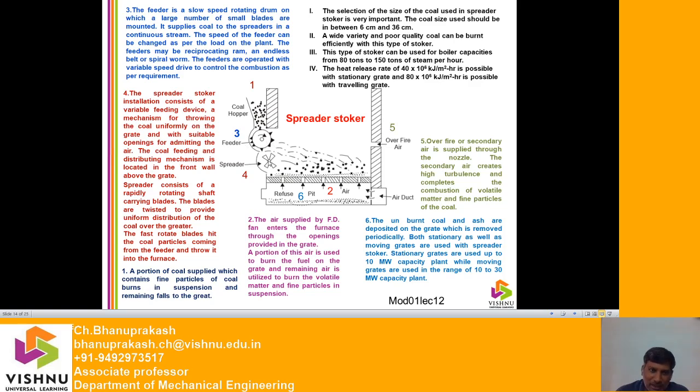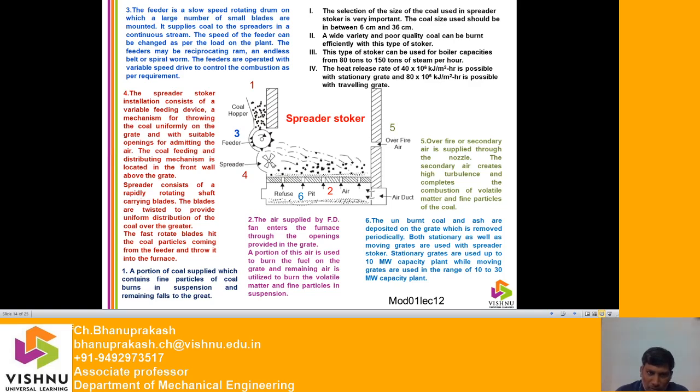Next, the spreader stoker installation consists of a variable feeding device to control the combustion, a mechanism for throwing the coal uniformly on the grate, and suitable openings for admitting the air.